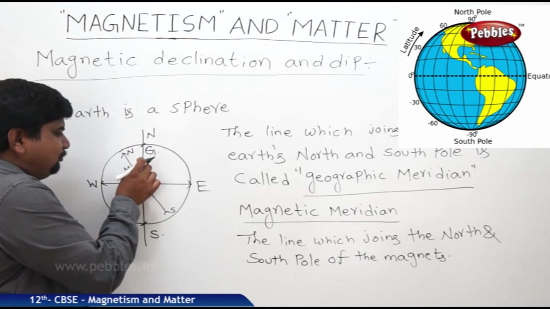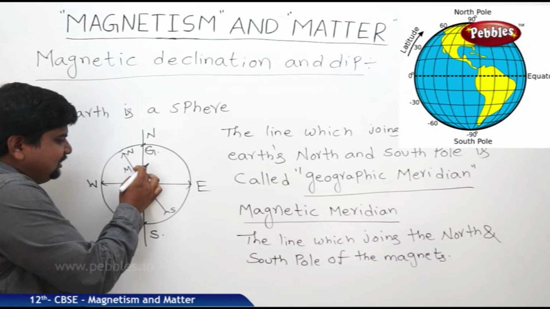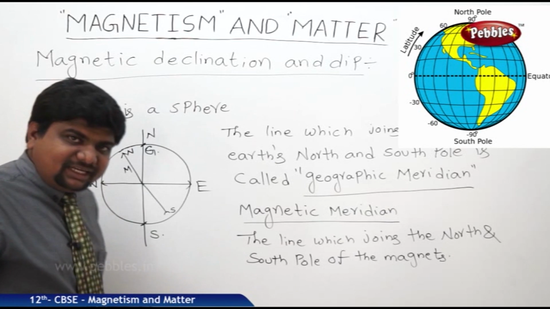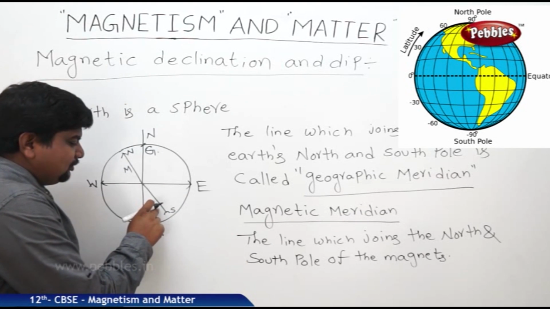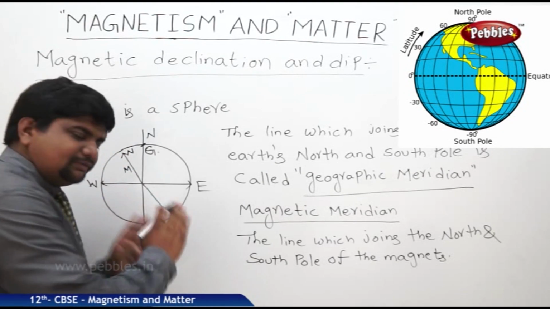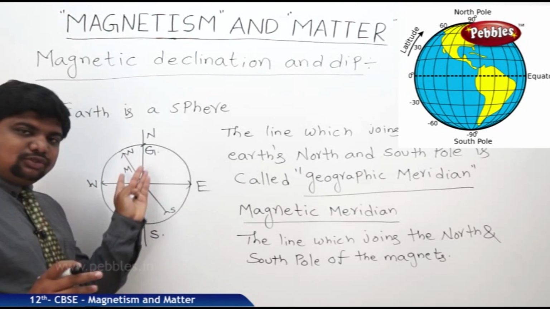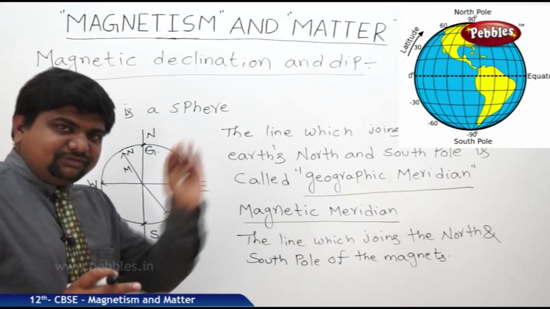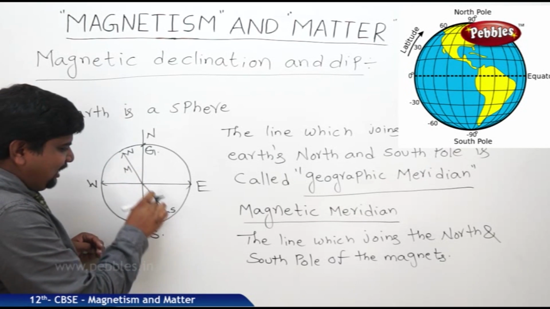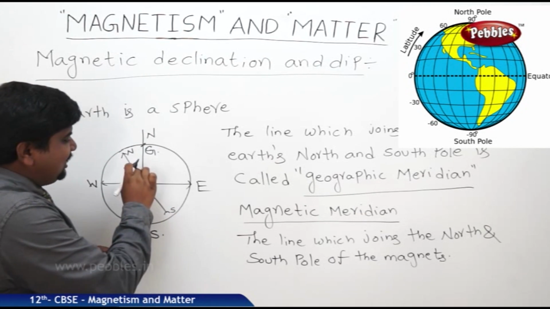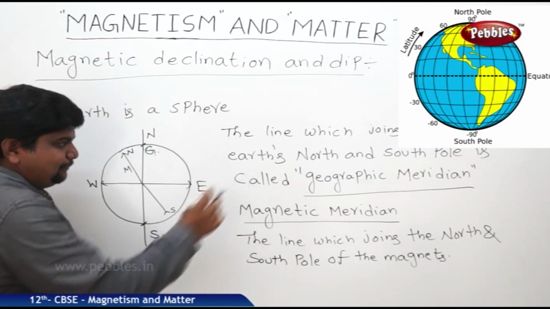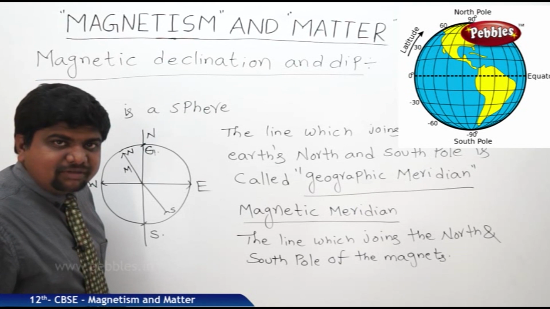We know the force of repulsion is the reason for this small deviation of the actual north pole of the magnet with respect to the Earth's north pole and the actual south pole of the magnet with respect to the south pole of the Earth, because a force of repulsion takes place between these similar poles of Earth and magnet respectively. So this magnetic meridian line is making an angle with respect to the vertical axis of the Earth, or the geographic meridian.